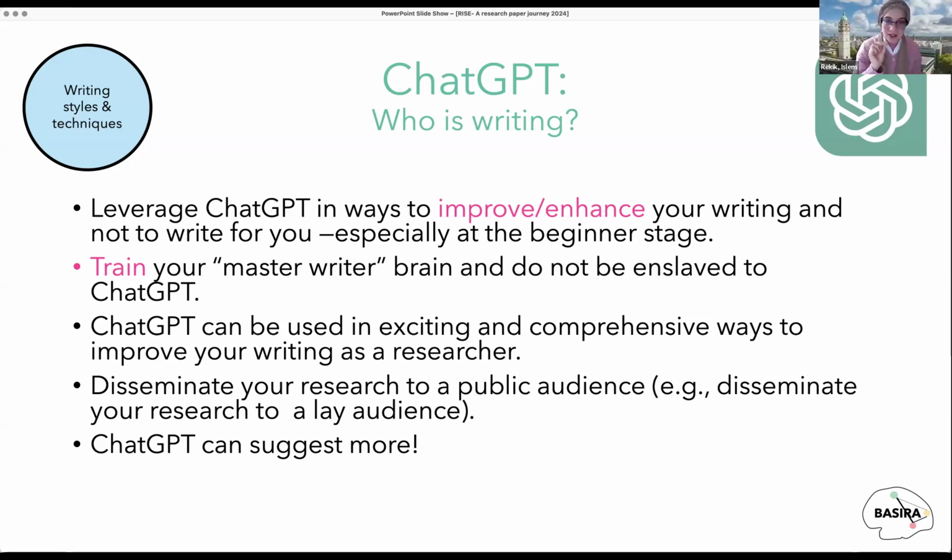But if you're not a master, do not use it, because ChatGPT has been trained very well using billions and billions of parameters, and your brain has not been trained well to write properly. So you need to prioritize your own training, rather than the training of a machine that will assist you in writing. Okay, so be careful of that.